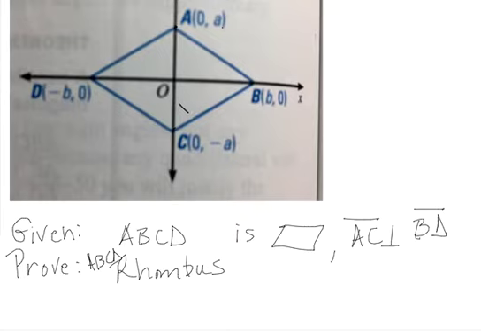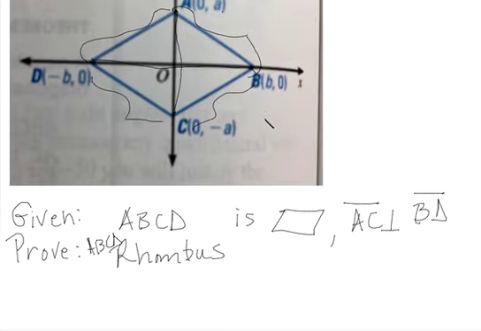We need to prove that we're looking at a rhombus, and that AC is perpendicular to BD, which is given. They're on the axes and everything. We're going to use this general set of coordinates and show that we're looking at a rhombus. How? We're going to use the distance formula and show that the sides are equal, using algebra.